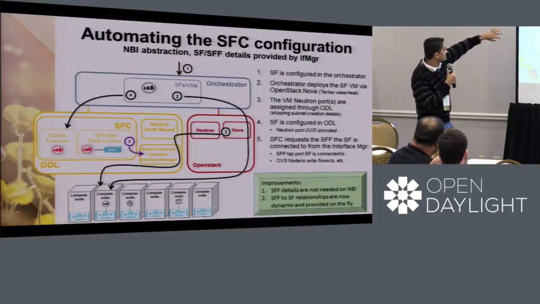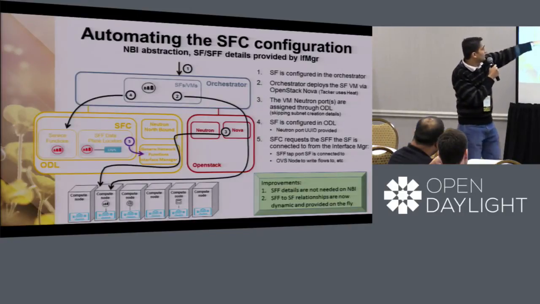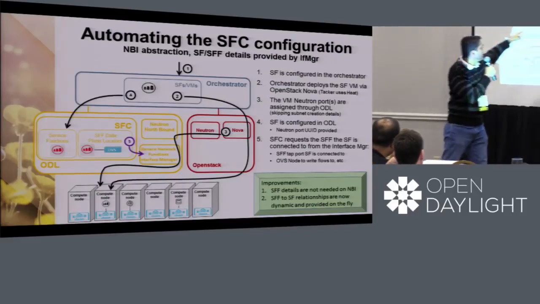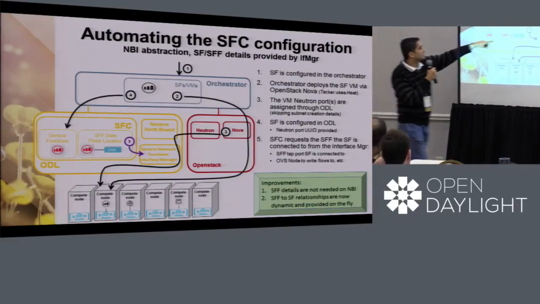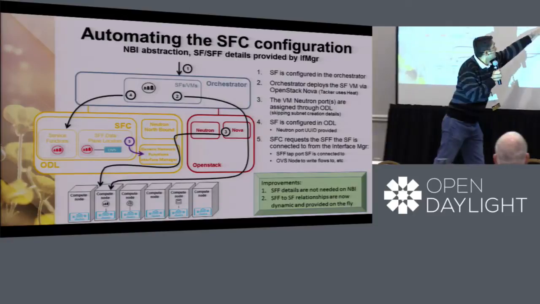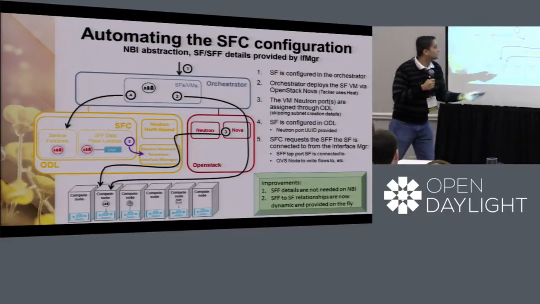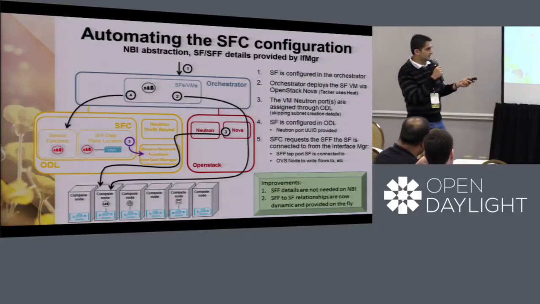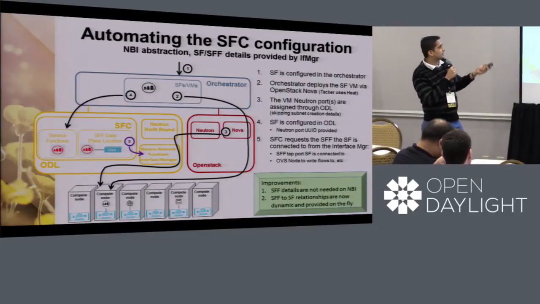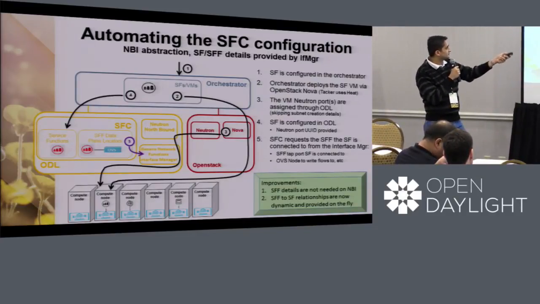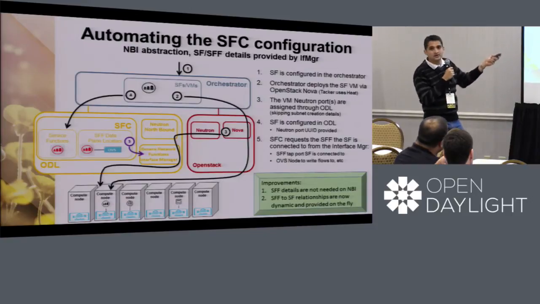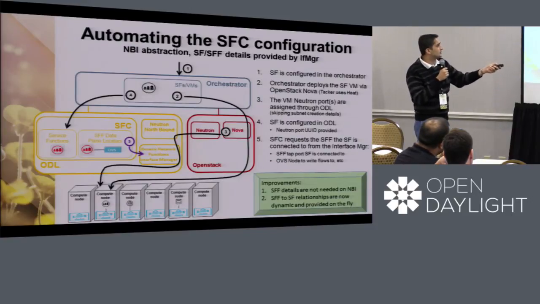A bunch of things are the same. What happens is, as we discussed, the neutron port UID, the pointer. So this is what you are discussing about. Any orchestrator, OpenStack based, that's where you talk about neutron.